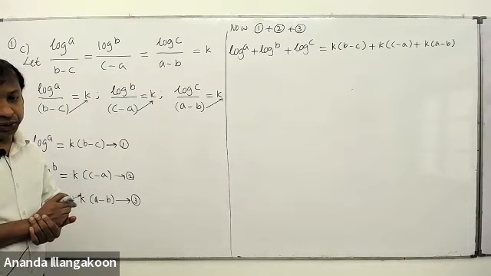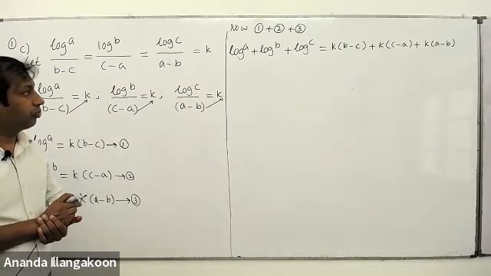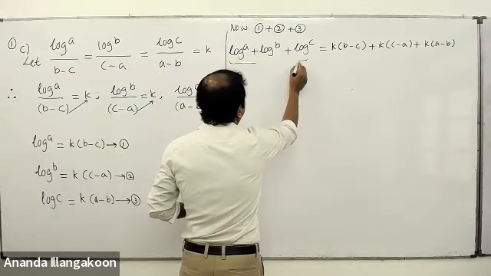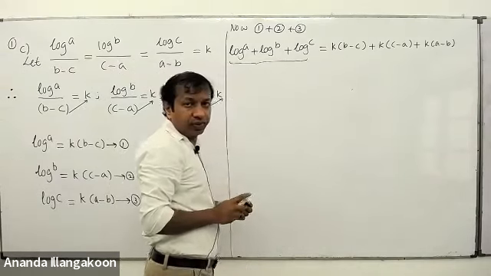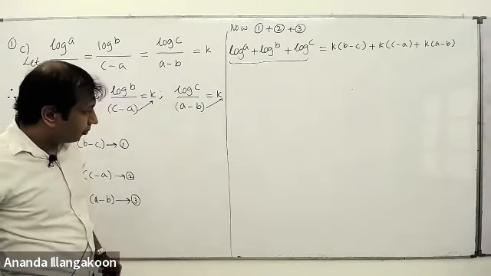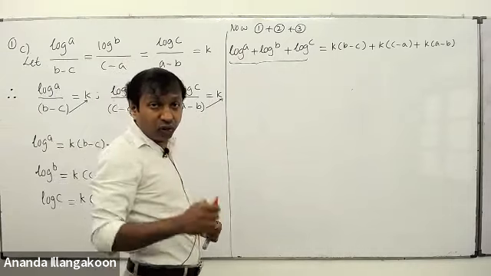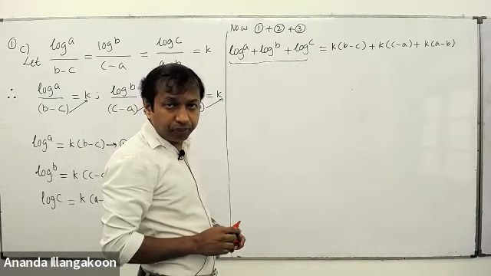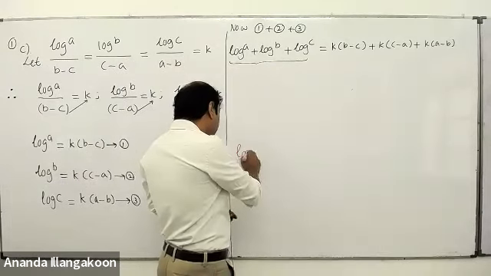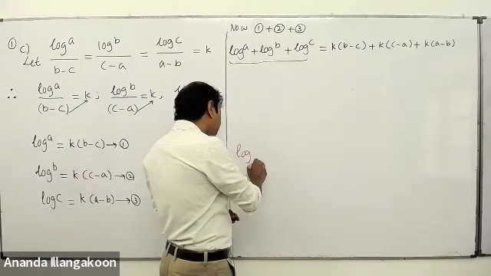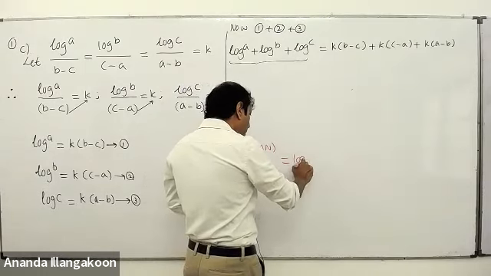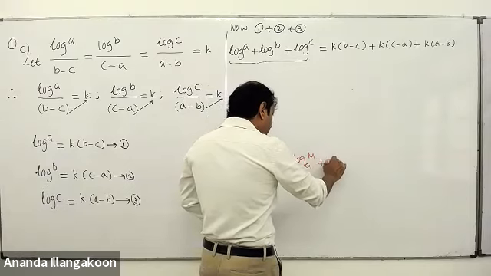Now, see, this left hand side, you can write as the sum of the three log terms. Remember, this is a formula we proved, a law we proved: log base a of mn, we proved, equals log a m plus log a n.